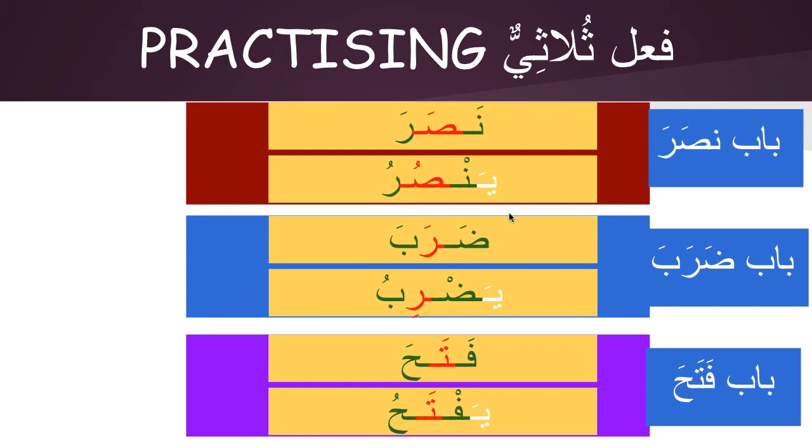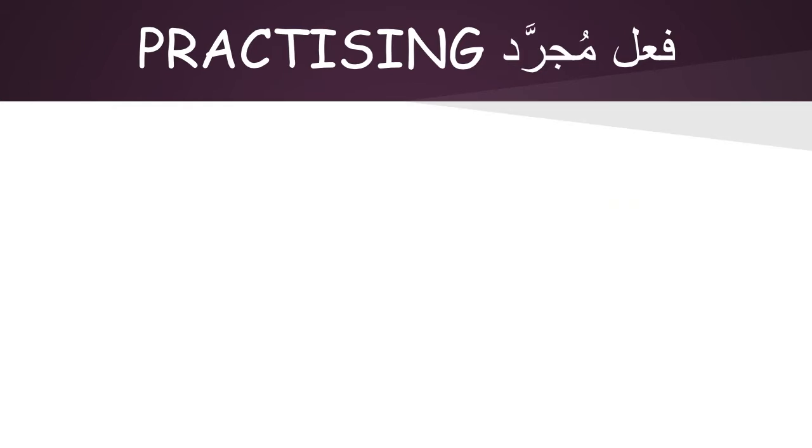These fa'als are also called fa'al mujarrad. Mujarrad means they are just 3-letter verbs. Then we have 4, 5, 6 and 7-letter verbs, which have added letters that we will learn later. But these 3-letter verbs are pure, so nothing is added to them. So it's fa'al thulathi or fa'al mujarrad.